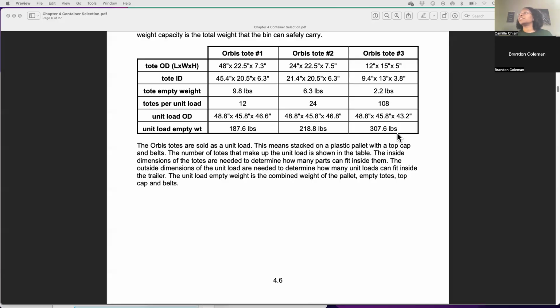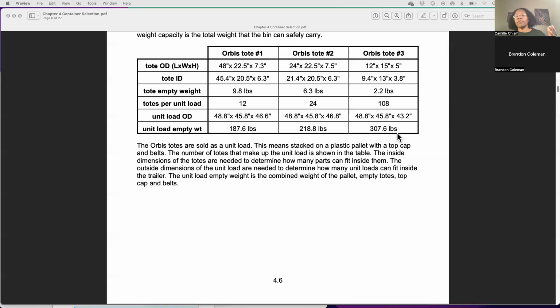Okay, so let's just say that this company is shipping a whole lot of these parts to the customer, and they're shipping out a whole truckload. We already talked about how these are standardized, and you can get 52 of these pallets on a truck. So now you want to say, okay, now I know the weight of one unit load with the packaging and the parts.